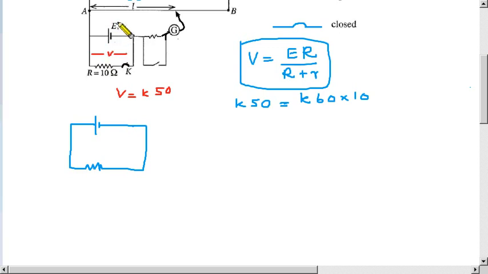So in this circuit, if the electromotive force is capital E and internal resistance simple r, if this resistor is capital R, if the voltage is V, if the current is I.